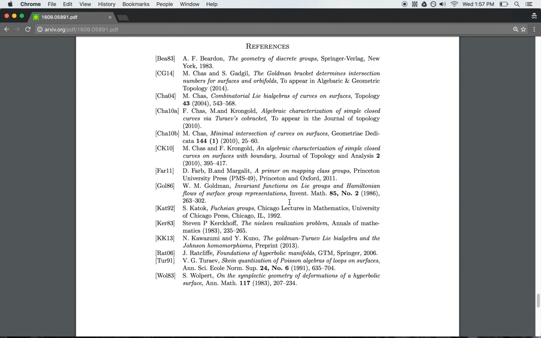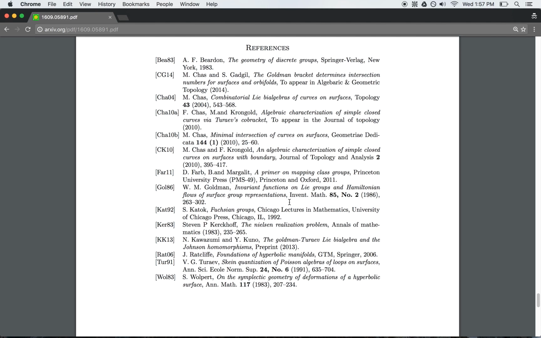References: The Geometry of Discrete Groups, Beardon, 1983. Chas and Gadgil, The Goldman Bracket Determines Intersection Numbers for Surfaces and Orbifolds, 2014. Chas, Combinatorial Lie Bialgebras of Curves on Surfaces, 2004.